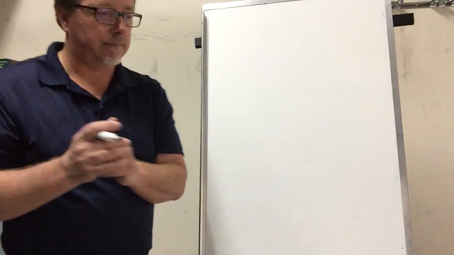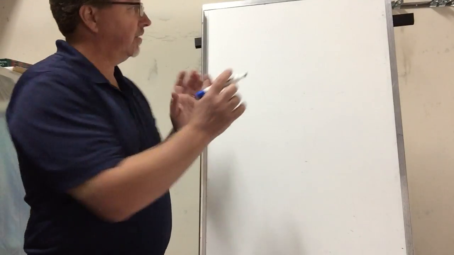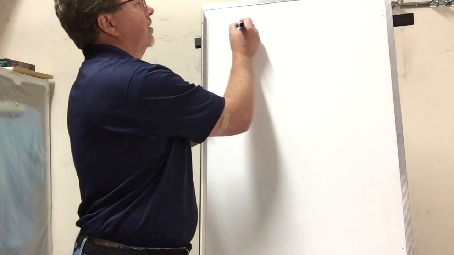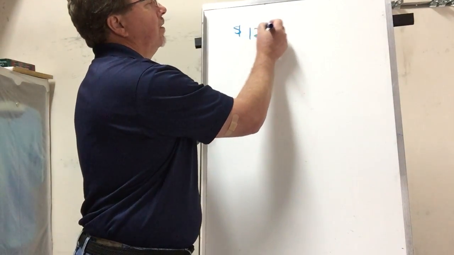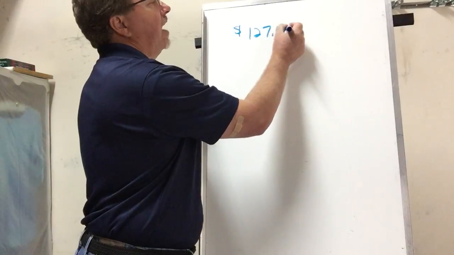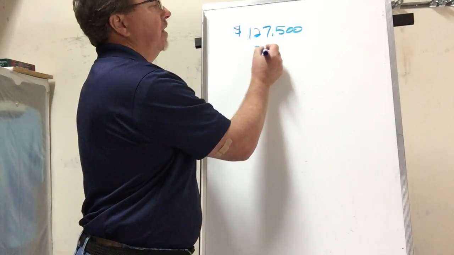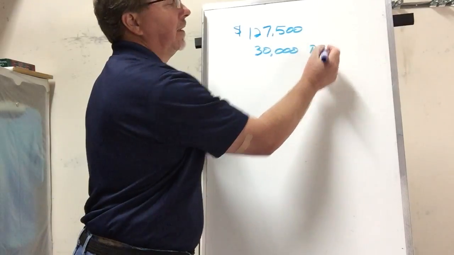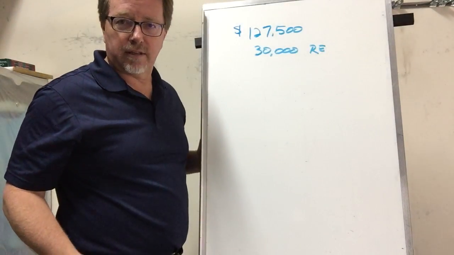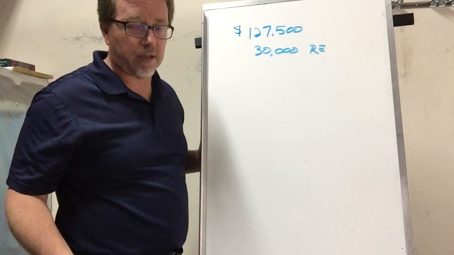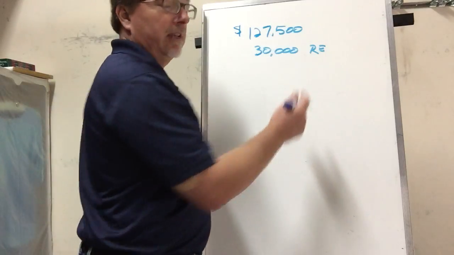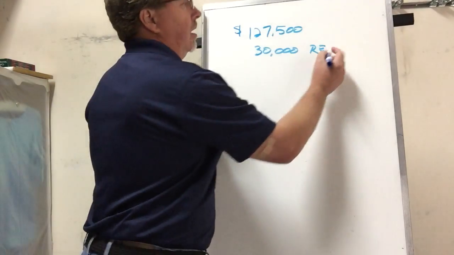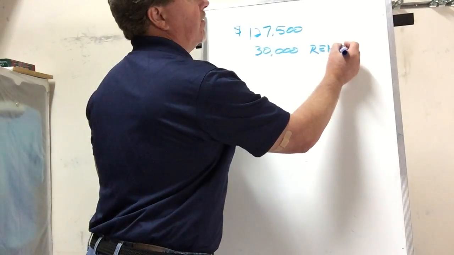Let me say that again. In our example, let's throw some numbers at this, including the closing costs, $127,500, and you spend $30,000 renovating this. You had to spend 30 grand because in the condition it was in, no one's going to rent it from you. You had to fix it up, and you had to try to make it appealing. And so you renovated.